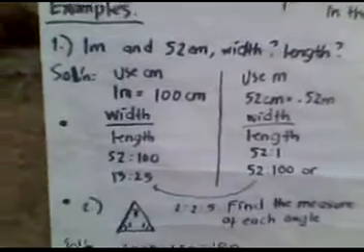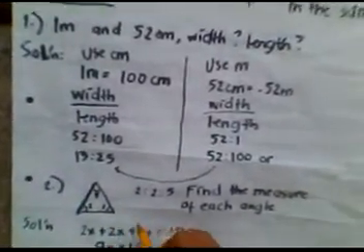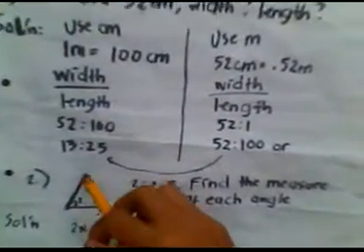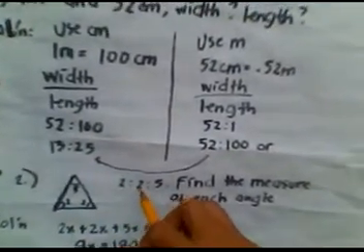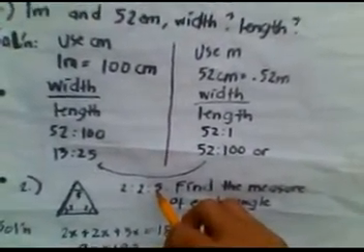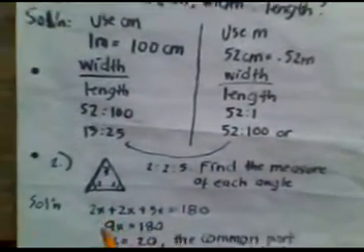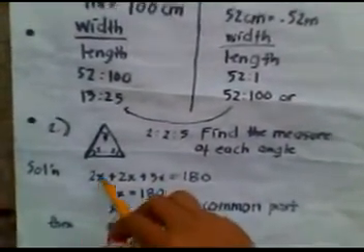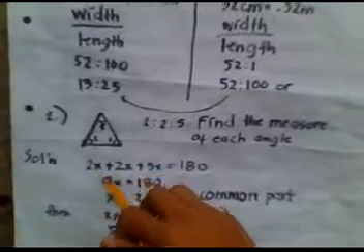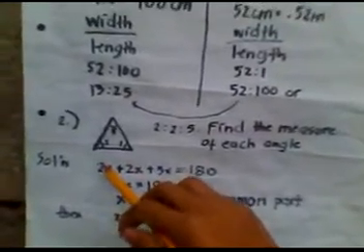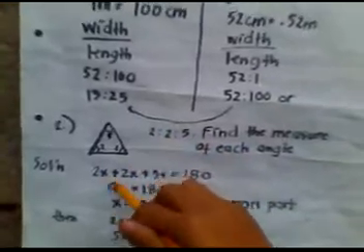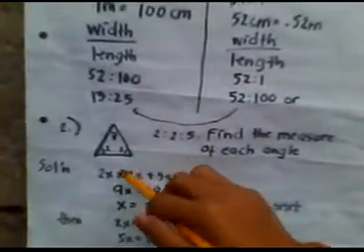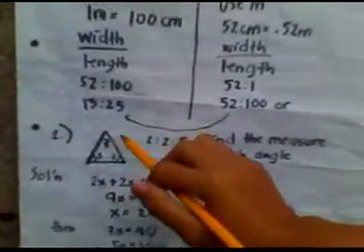So, the next problem is that we're going to find the measure of each angle of this triangle. The ratio is 2 is to 2 is to 5. In order to solve that, let x be the common part of 2x and 5x. 2x, 2x and 5x represent the measures of the three angles of the triangle.